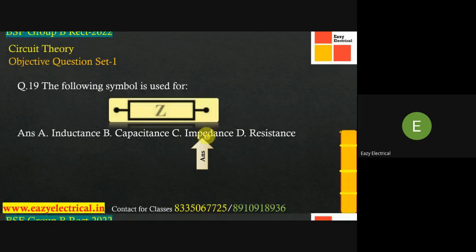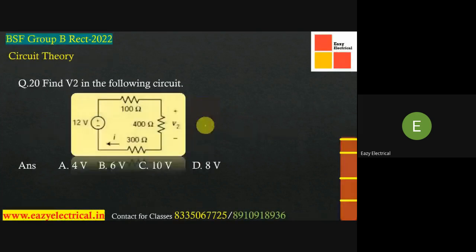Now try and answer this question. Find the value of V2.